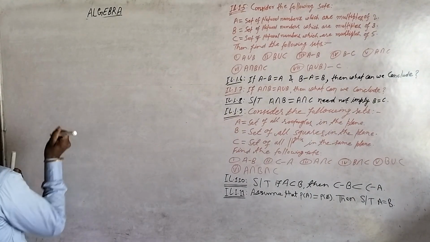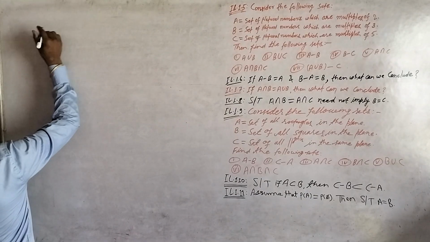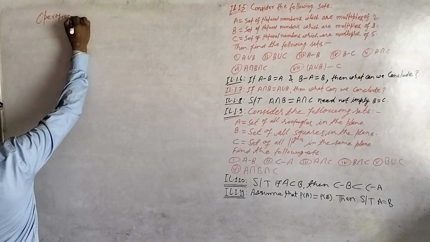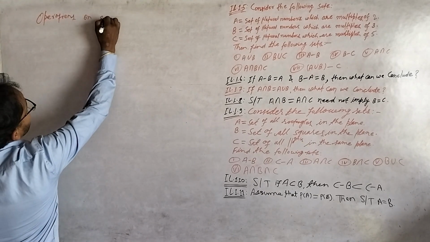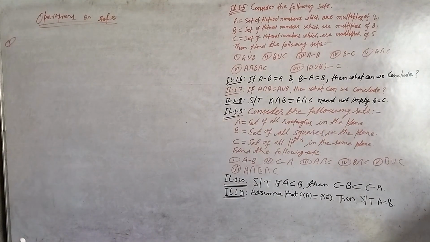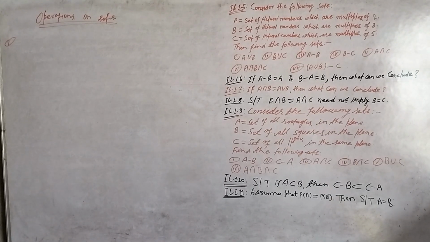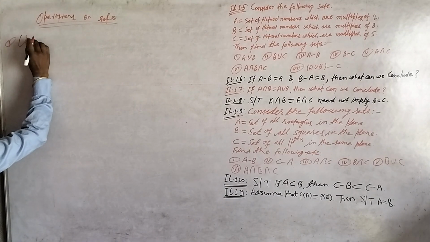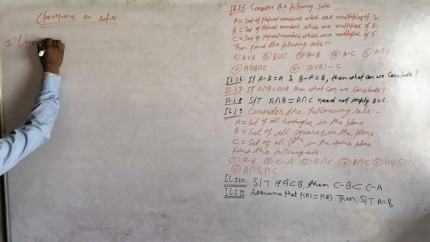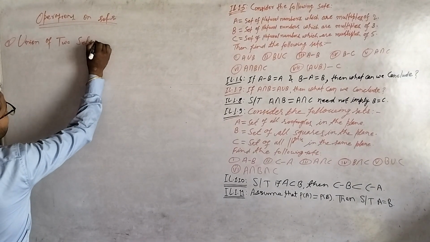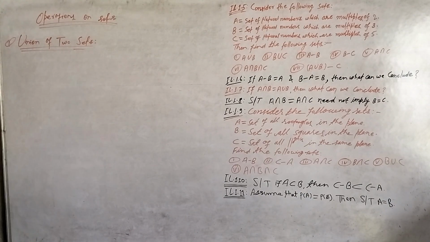The first topic in operations on sets is union, the union of two sets.